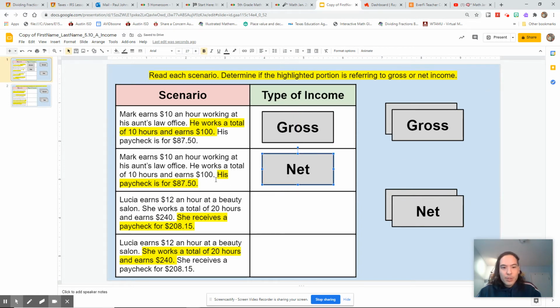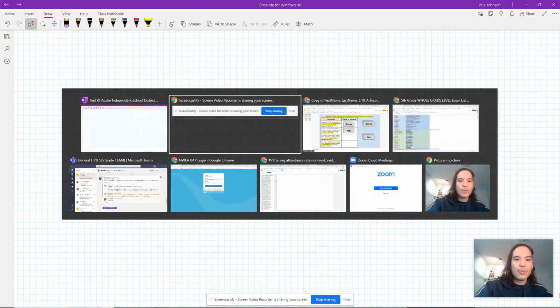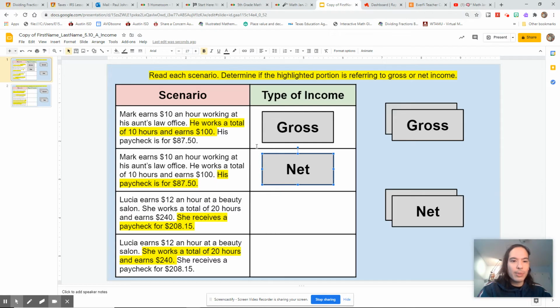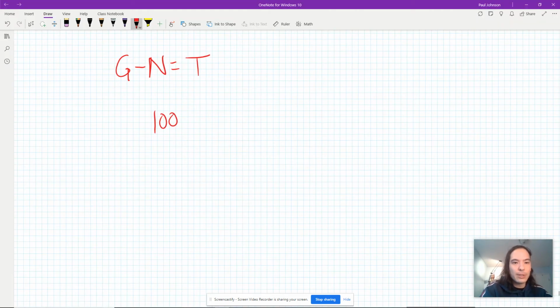So if we're trying to figure out how much he paid in taxes, what we could do is take the gross and subtract the net to figure out the taxes. So in this problem, his gross income was $100. His net income was $87.50. So that would tell us how much he paid in taxes.